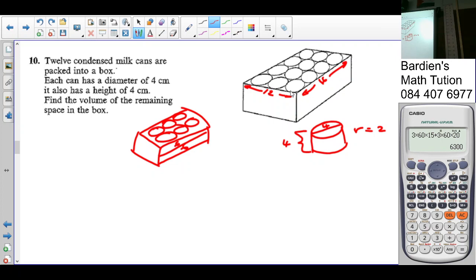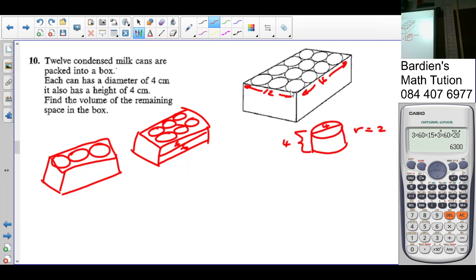What if it was packed like this? There are 3 in 1 layer. But how many layers would there have been if it was packed 3 in a layer? 4 layers. Why? So it has to give you 12 cans in total.